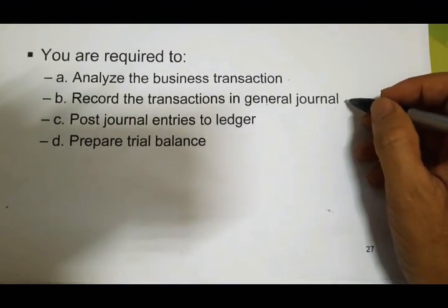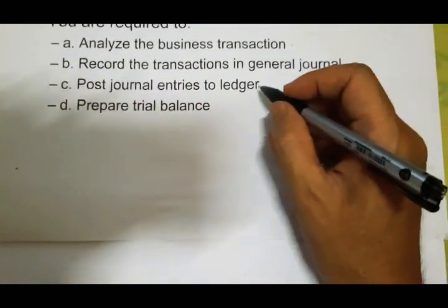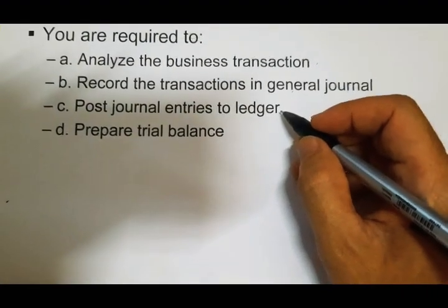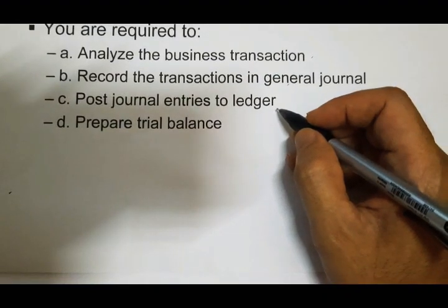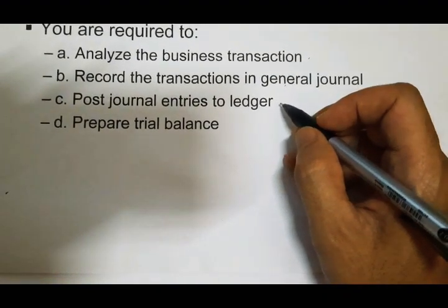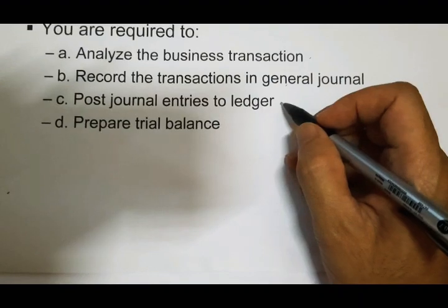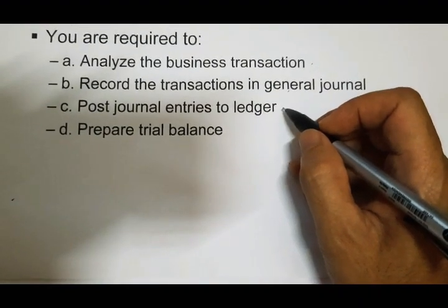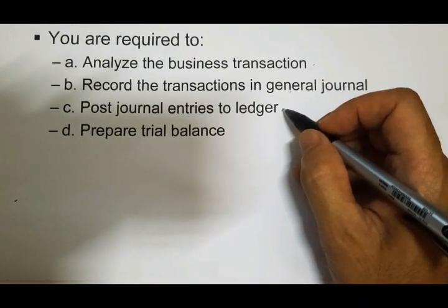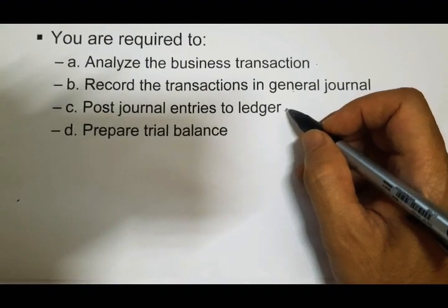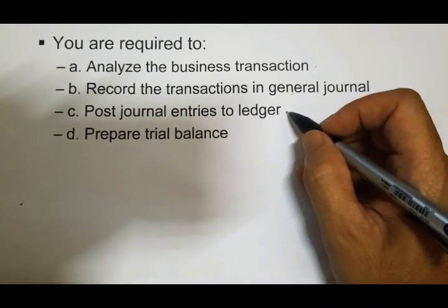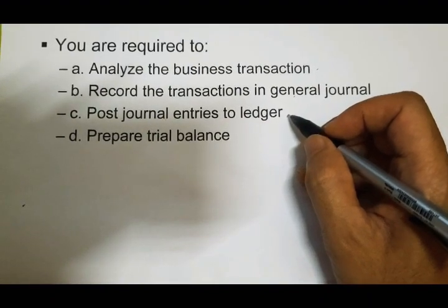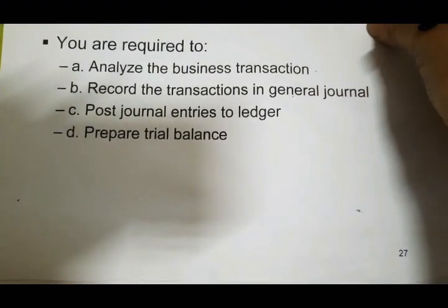Now we will do the C question, which is to post the journal entries to the ledger. This is also the third step in the accounting cycle. Let's see how to do this.